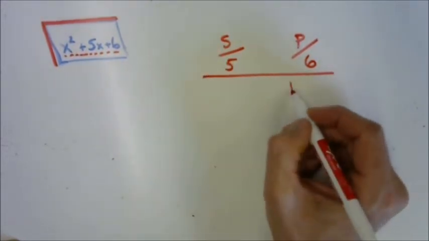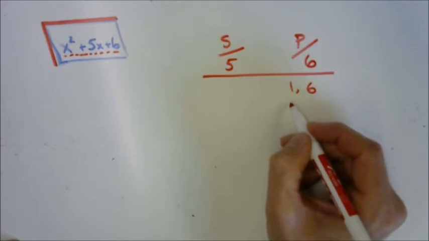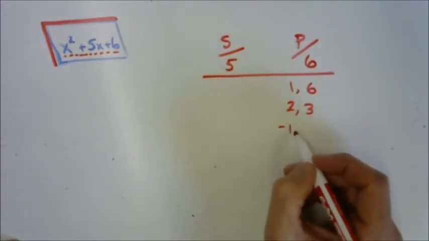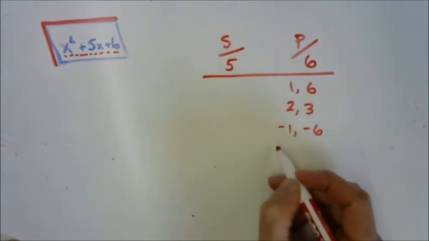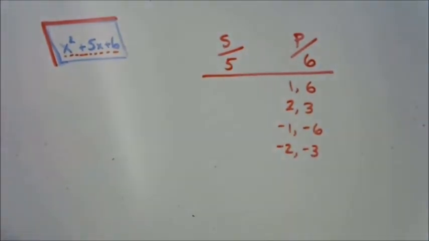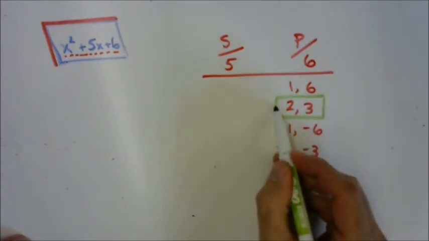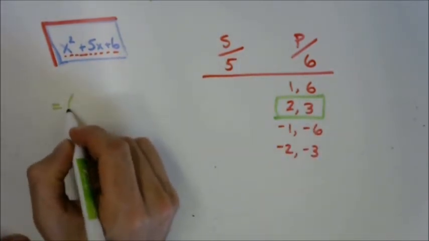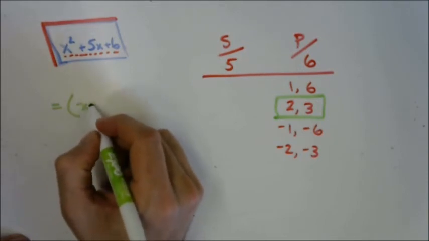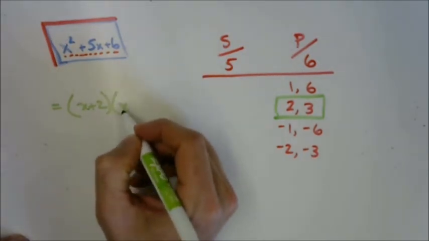Let's make a list. 1, 6, 2, 3. That's it. Now I could do my negatives. Negative 1, negative 6. Or negative 2, negative 3. And which one has a sum of 5? 2 and 3. So x squared plus 5x plus 6 is x plus 2, x plus 3.